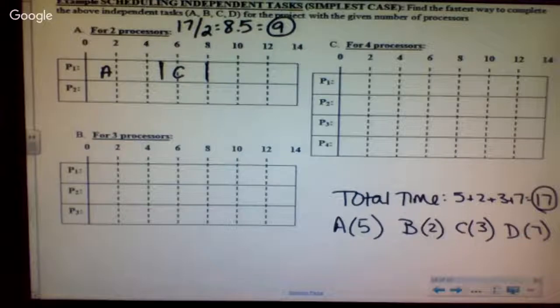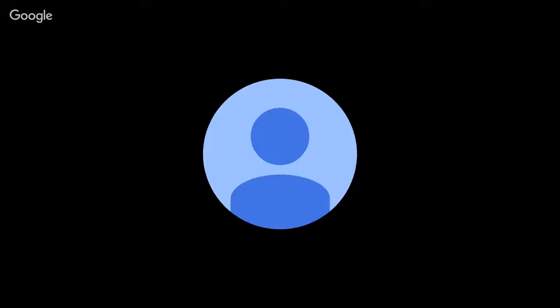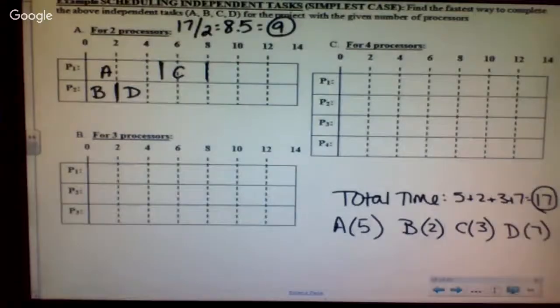Okay, so if processor 1 is going to work on A and C, that means processor 2 is going to do B and D, and B only takes 2 minutes. Nine. So processor 2 wins.